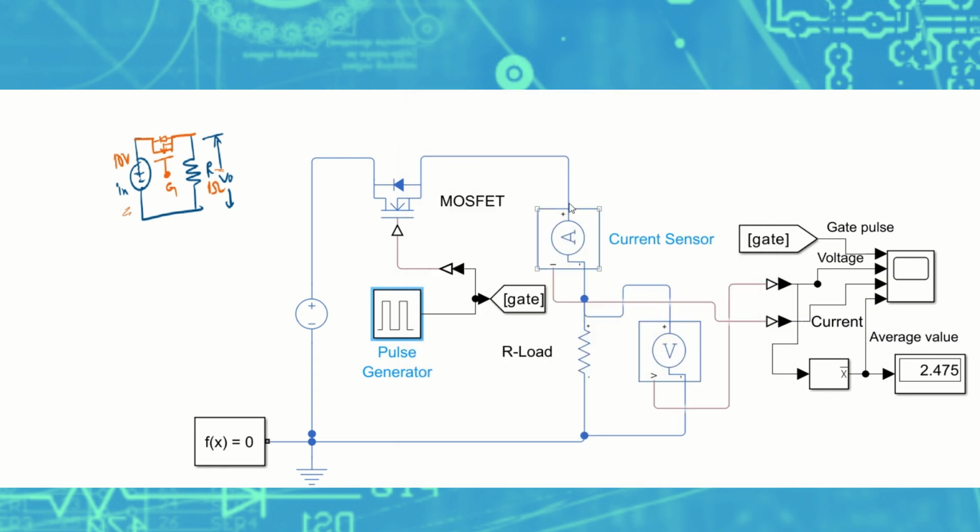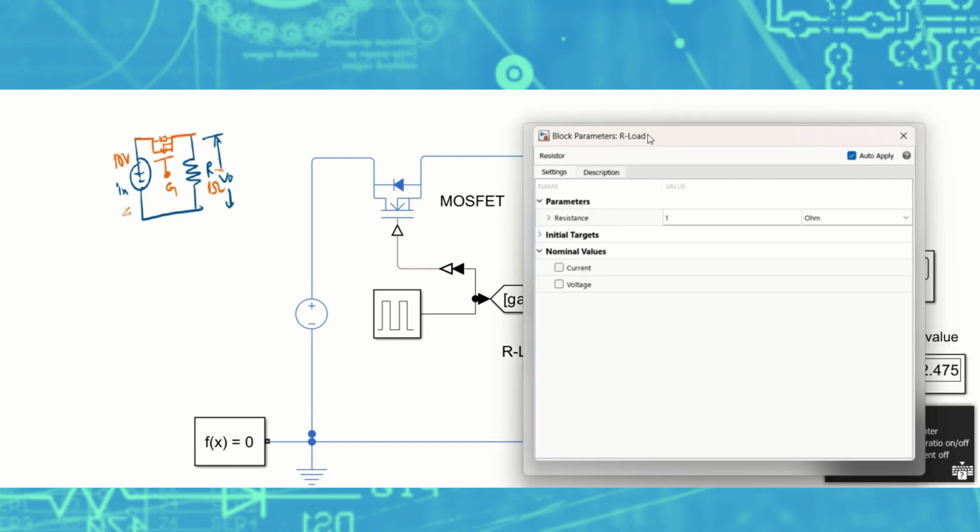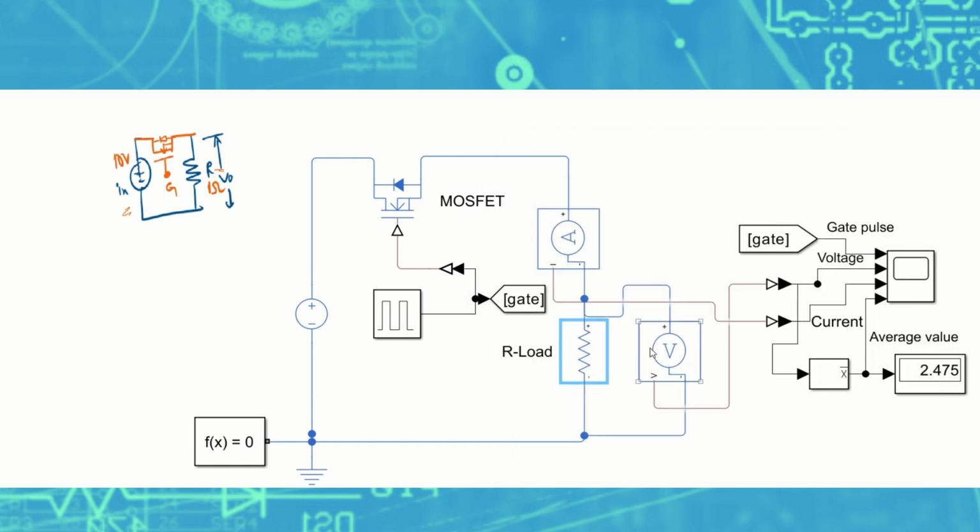I have also added a current sensor to measure the current in the circuit. The resistor is the load here, which is 1 ohm, and I have connected a voltage sensor across the resistor to see the output voltage.